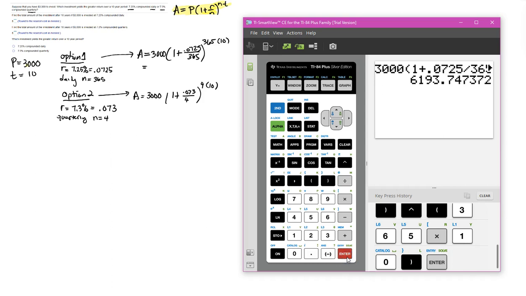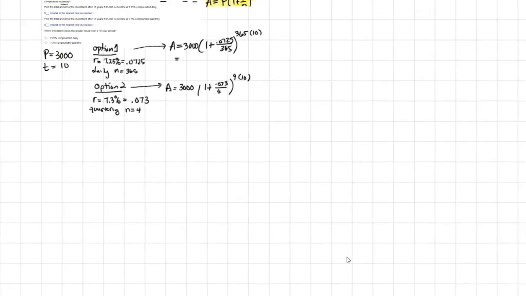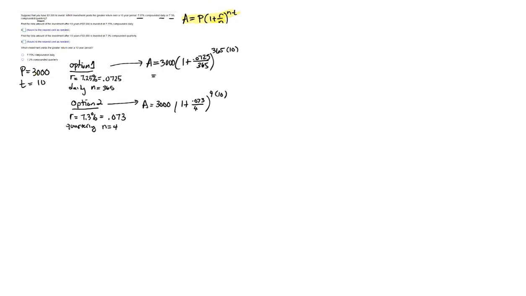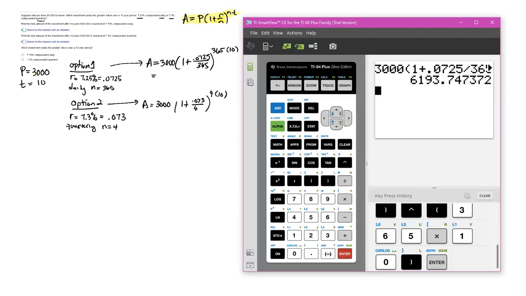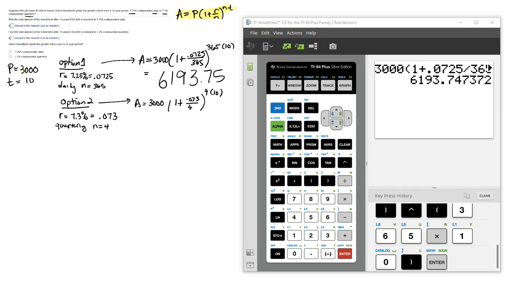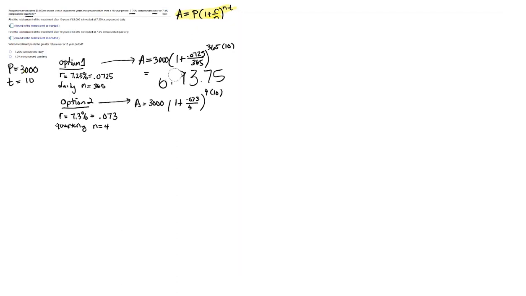Hit enter. Let me fix that. $6,193.75. We're rounding to the nearest cent.